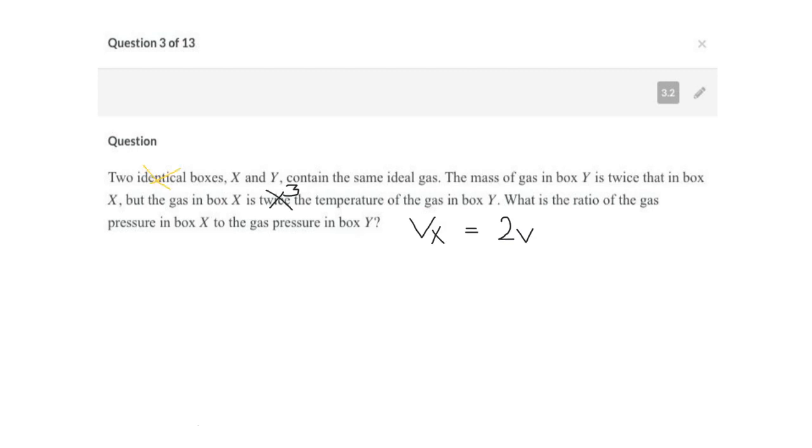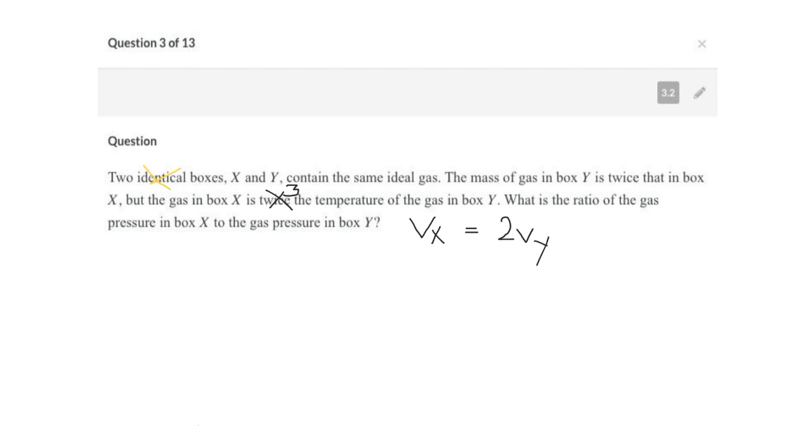So I'm going to be evil now, and I've changed this question so that the boxes are no longer identical, right? They're different sizes. And the mass of gas in box X is twice that in Y. But the gas in box X is 3 times the temperature of the gas in box Y. What is the ratio of the gas pressure in box X to the gas pressure in box Y if the volume of box X is 2 times the volume in box Y?